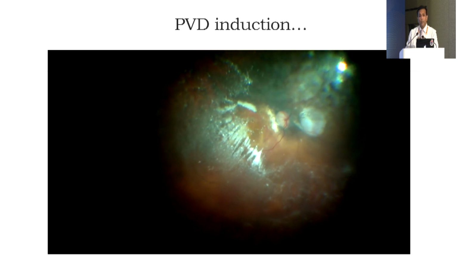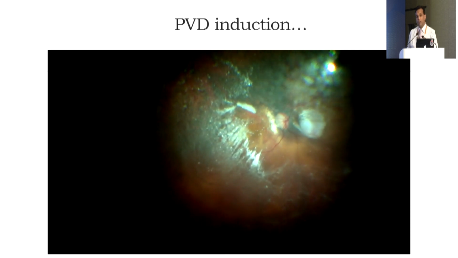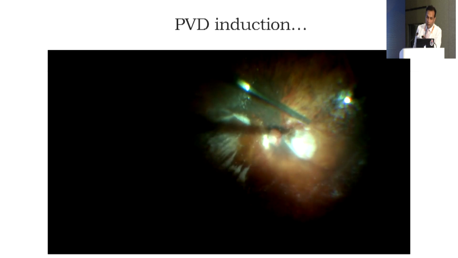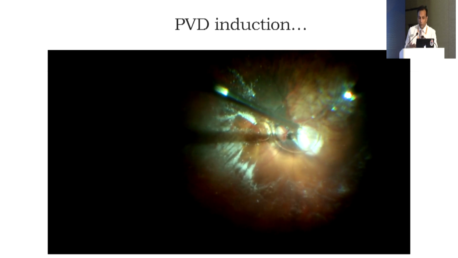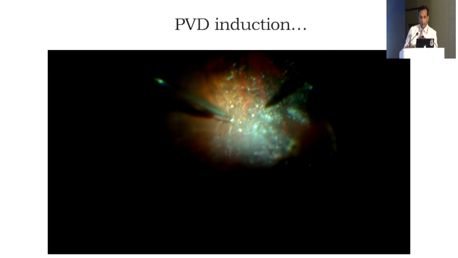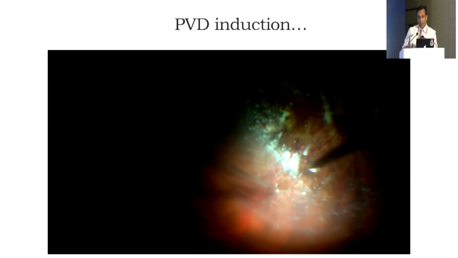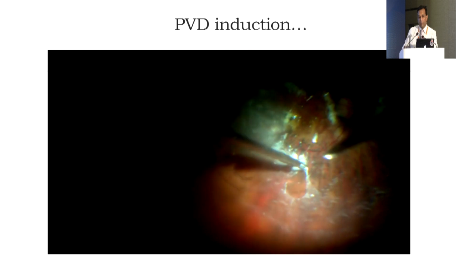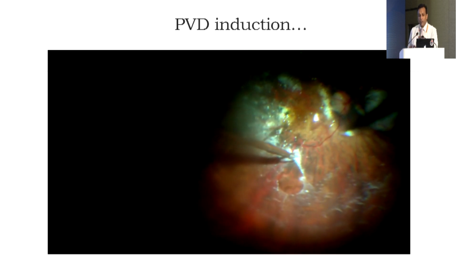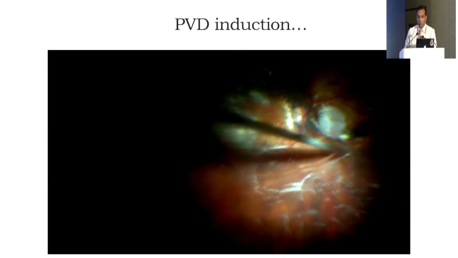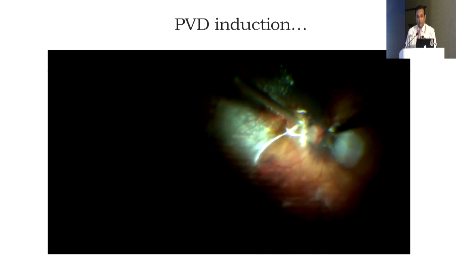The second part is PVD induction. As we all know, there is vitreoschisis in these cases, and the axial length is long, so it's not a routine PVD induction as we do in normal eyes. The first way is to categorize whether it is less than 30 mm or more than 30 mm. If the eyes are around 28 to 29 mm of axial length, you can just do a core vitrectomy, inject PFCL, and do a PVD induction with the help of ILM forceps.